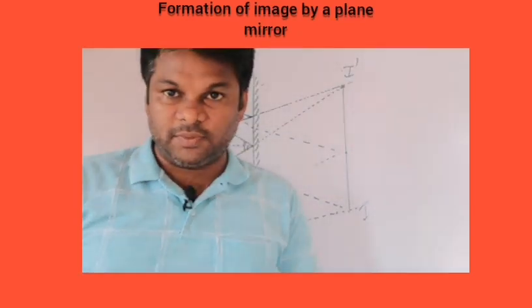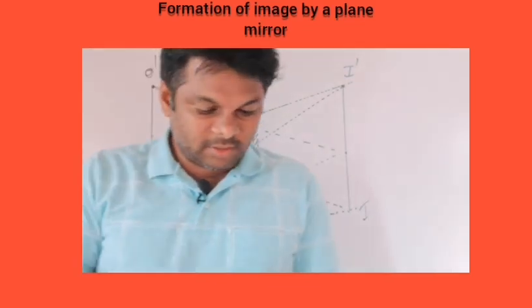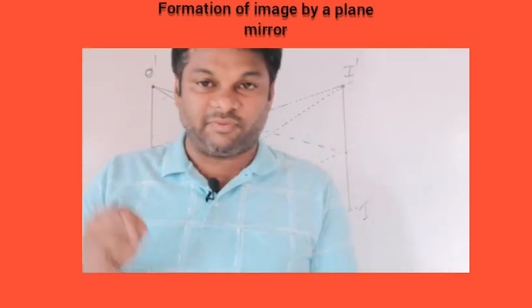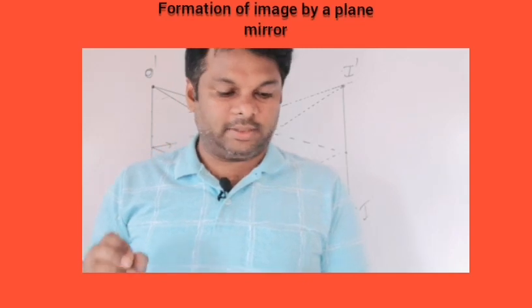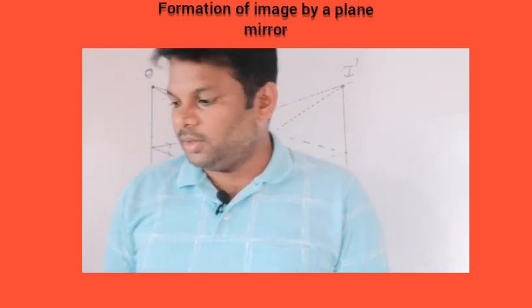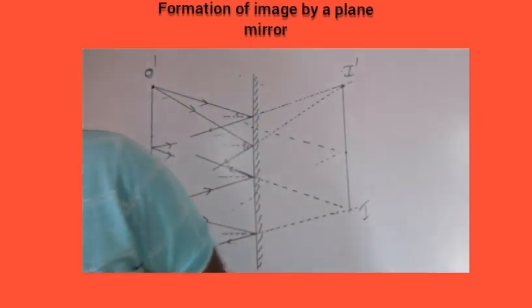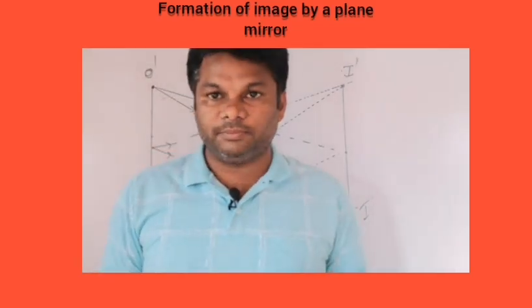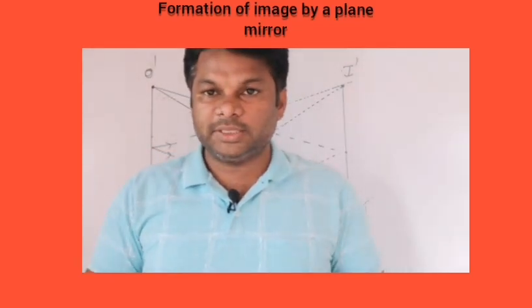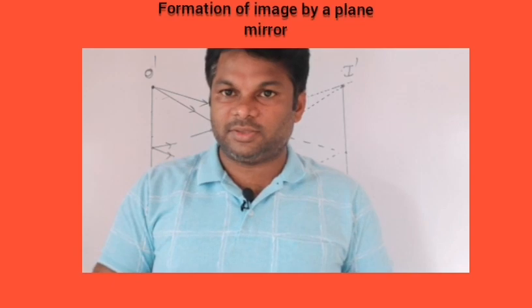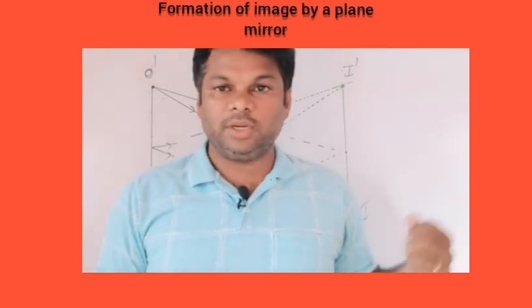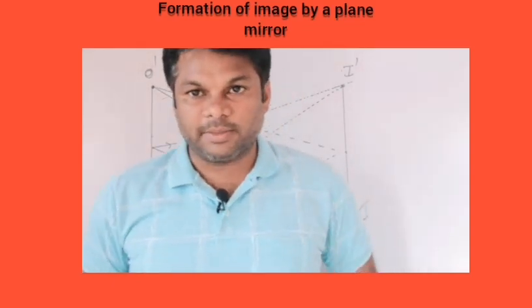So while watching this video, you can watch these two pictures, that is figure number 9 and figure number 10. So today we got some information on how to form the point size image and a long image in a plane mirror.